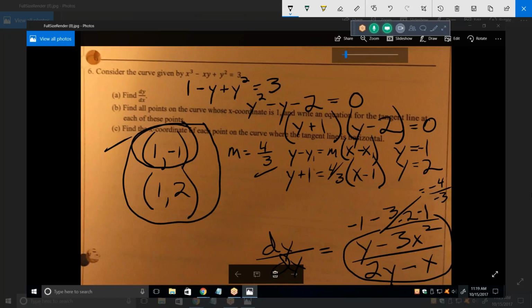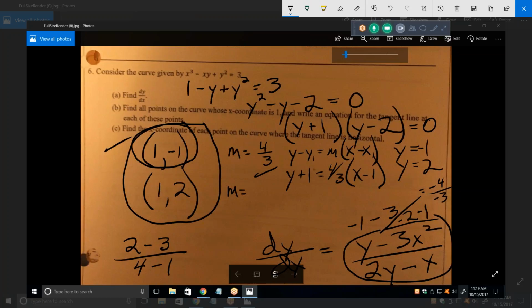Let's look at the equation of the second point. What is its slope going to be? So it would be 2 minus 3 over 4 minus 1.